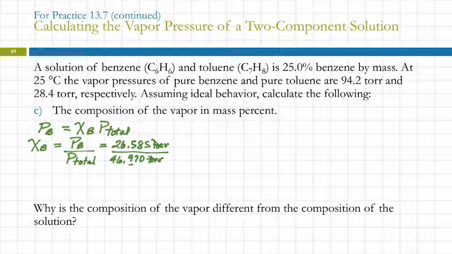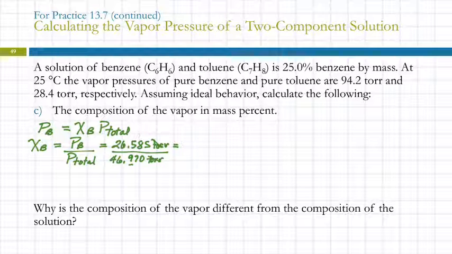So the torrs cancel out. Oops, that was a mistake. Try that again. The 26 divided by... oh my goodness. Having an argument with my calculator.